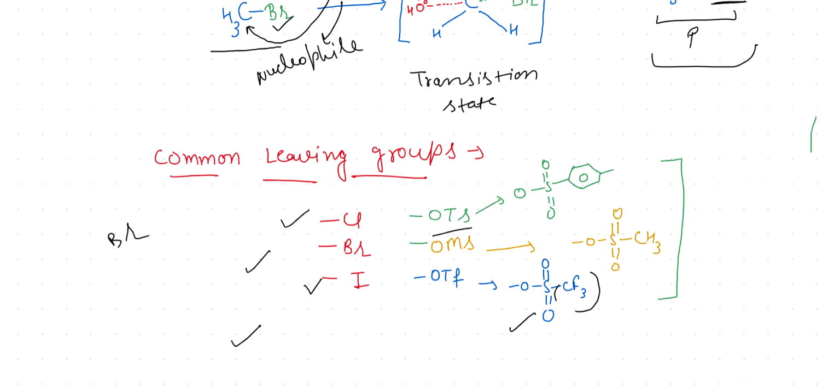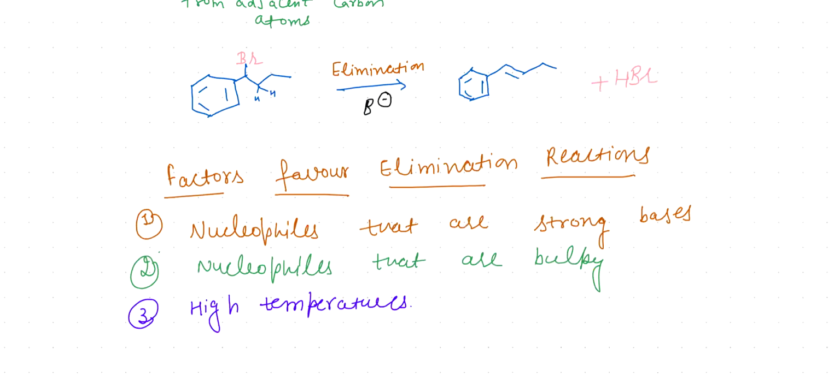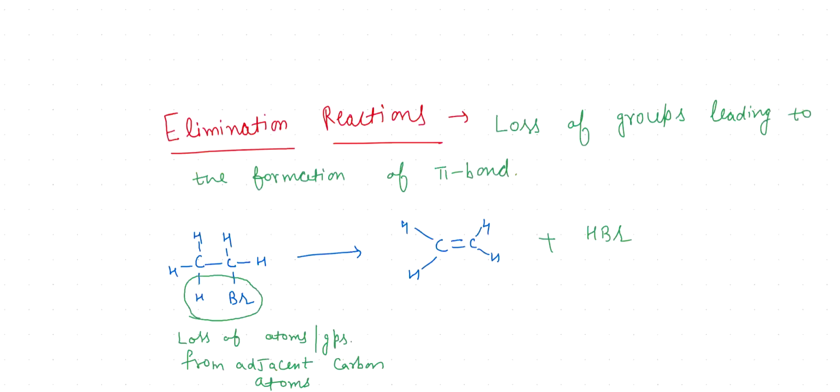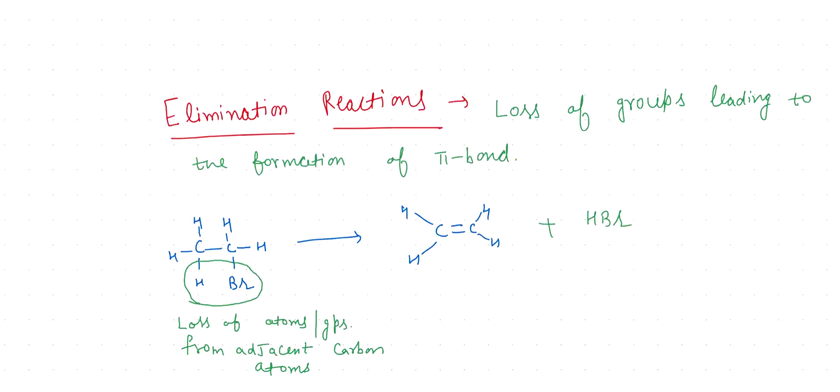Then moving to our main part, that is elimination reactions. So what is the meaning of elimination? Elimination means loss of groups. In an elimination reaction, the groups are lost and this leads to the formation of a pi bond.